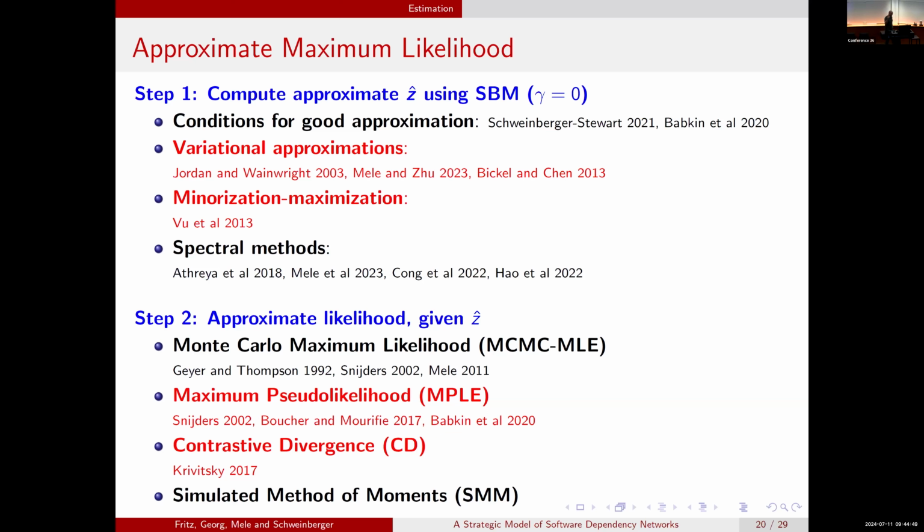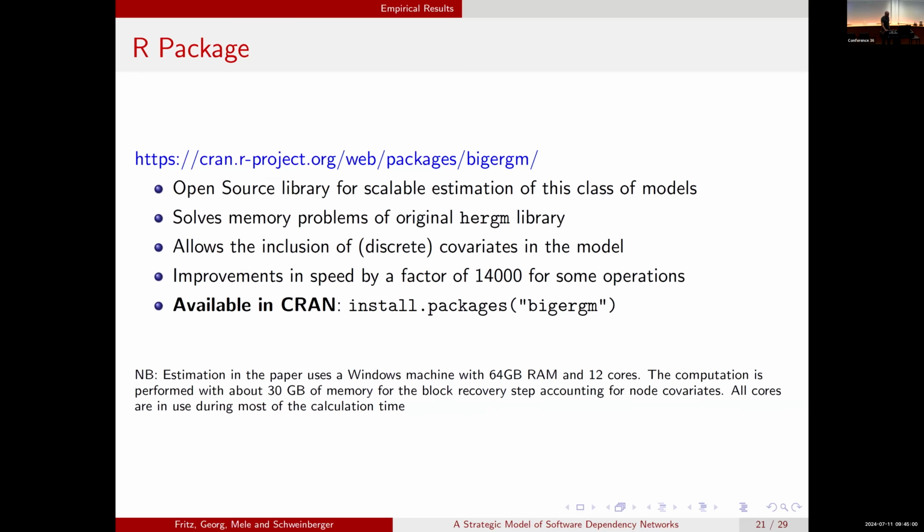Once we have that, we plug this into the approximate likelihood estimation using either a maximum pseudo likelihood or contrastive divergence, and that gives us the likelihood at the end. We've built an R package that does this estimation for directed networks. Previously, you could only do it for undirected networks, so there's a bit of a contribution here. I think it's super useful to have that package because there are many interesting systems that you can study that are so large that nobody has studied them before.